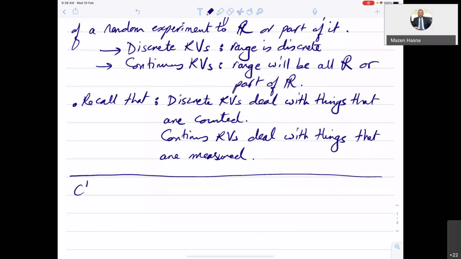So characterization of continuous random variable, like we did with discrete random variable, we talked about different ways of describing a random variable: the small f of x, the capital F of x, the mean and the variance. We'll do the same for continuous random variables. So characterization of continuous random variable.